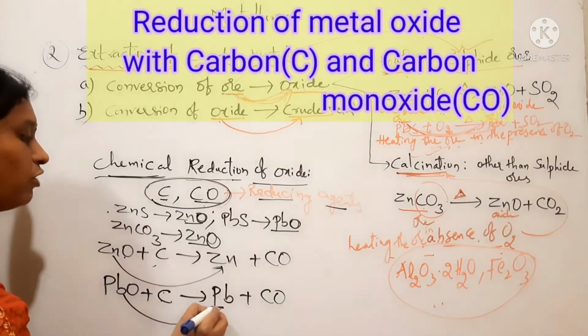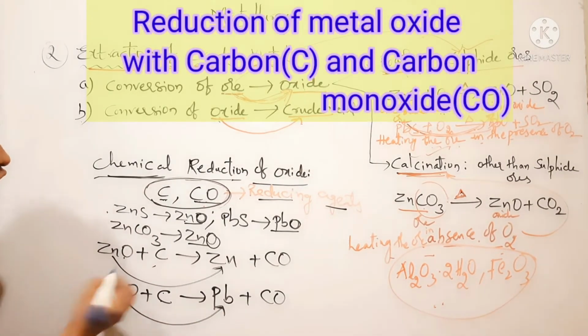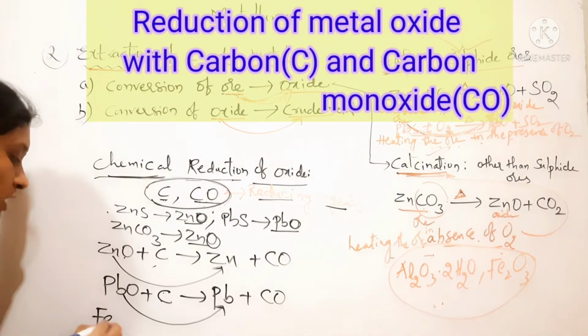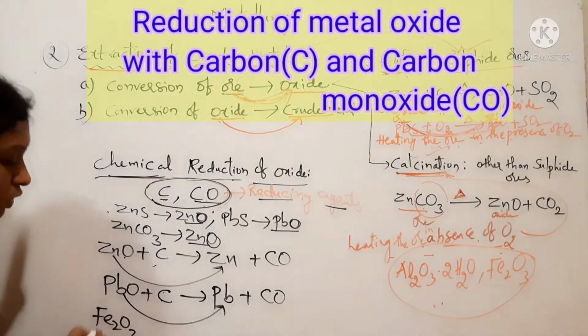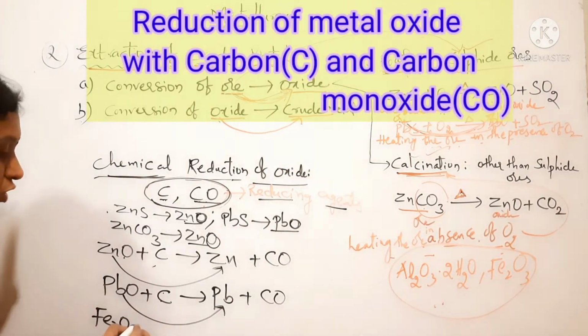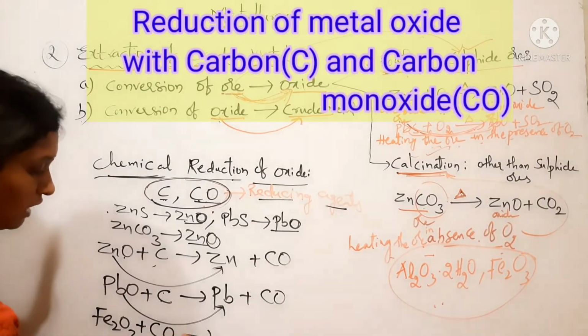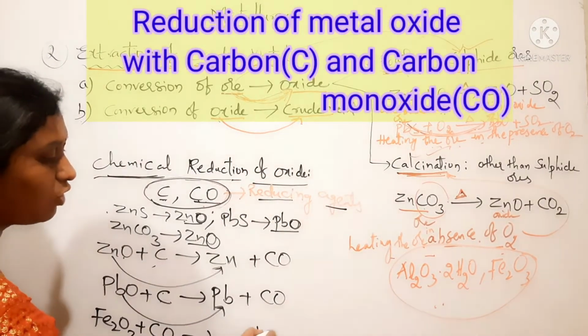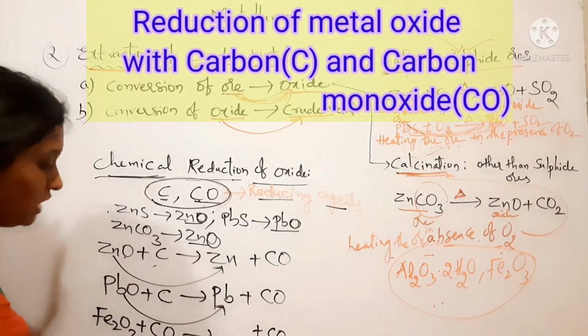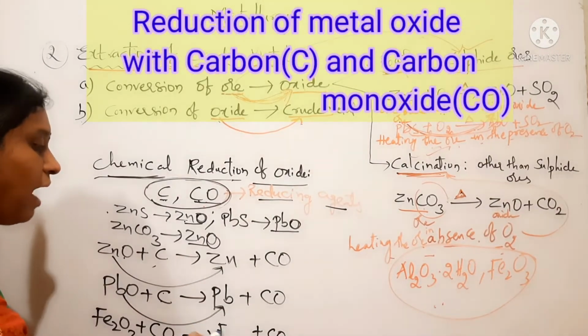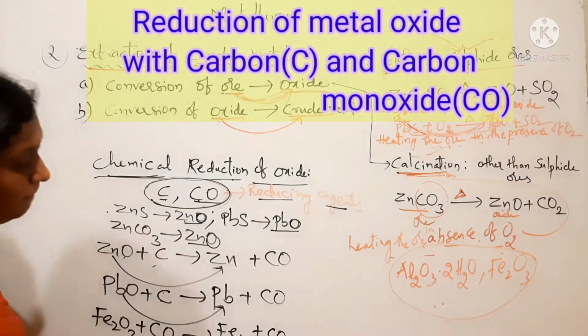So lead oxide is converted to crude metal lead. Now if we take the ore like hematite, which is already in the oxide form, no need of roasting or calcination. You have to treat it with the reducing agent like CO. Then this CO takes away oxygen present in the iron oxide to form CO2, left behind crude metal Fe.